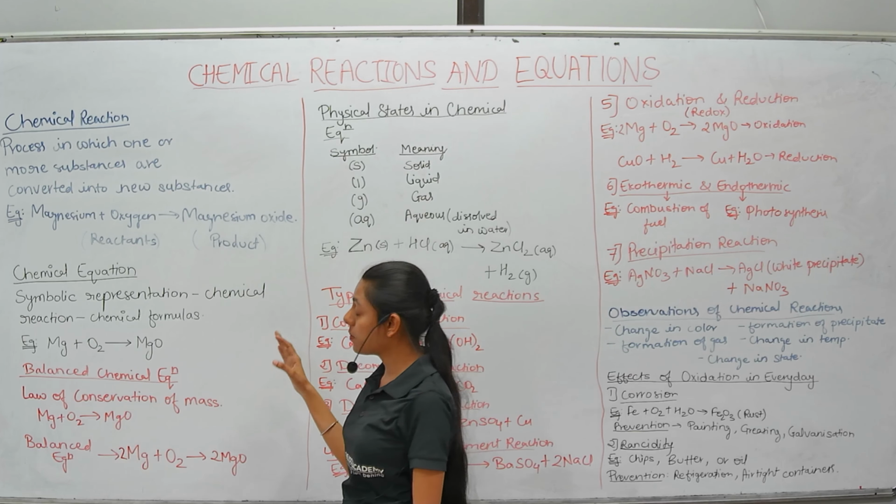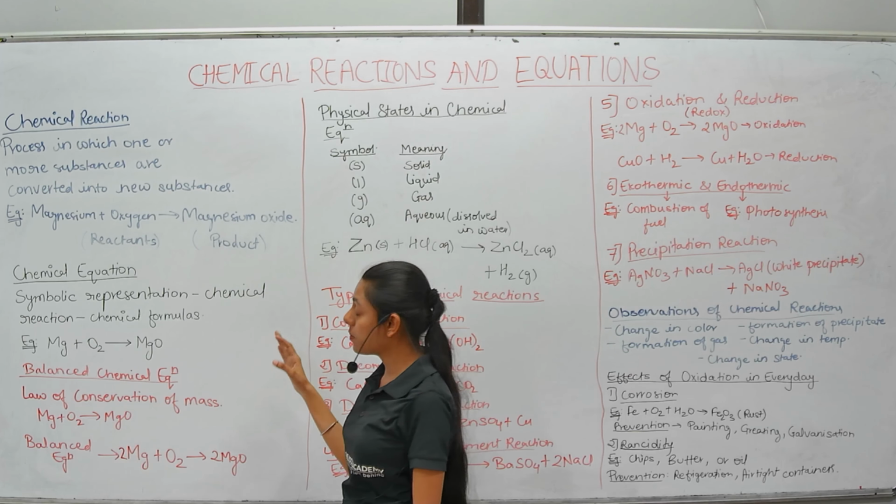Now we'll see how to balance a chemical equation. According to the law of conservation of mass, mass can neither be created nor be destroyed. So according to that, in a reaction both the sides should have an equal number of atoms.